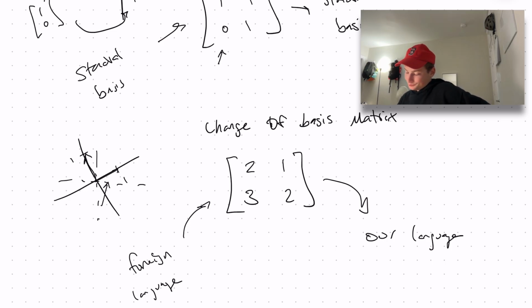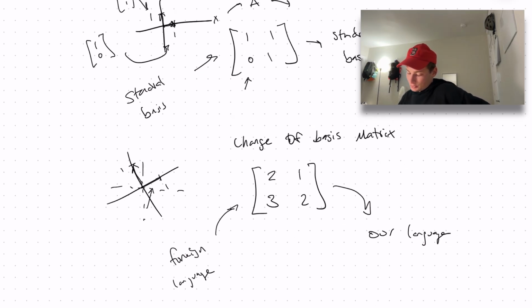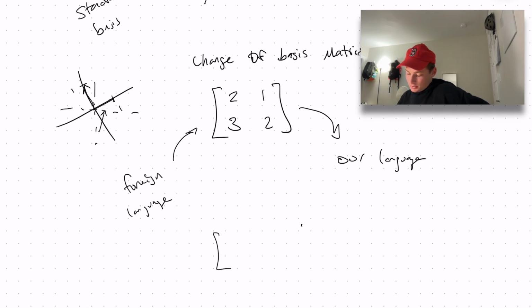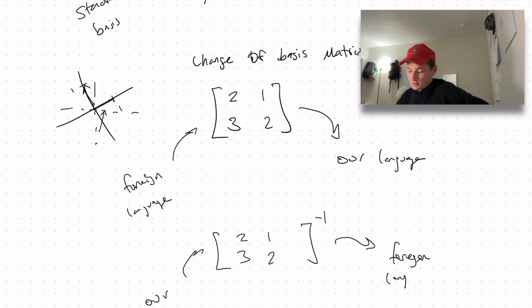Yeah. Okay, so then there's also the inverse, which reverses this. We input something in our language, and it will output what that represents in the foreign language of the other basis.